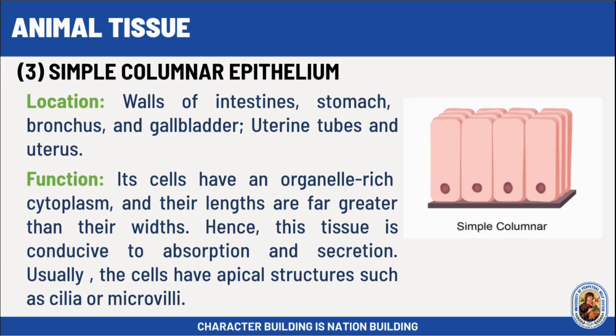Up next, we have the simple columnar epithelium. Similar to the cuboidal epithelium, the simple columnar epithelium also lines some organs, and this also secretes and absorbs different molecules or substances. In the examples here, it's located in the walls of the intestine, the stomach, the bronchus, and the gallbladder.